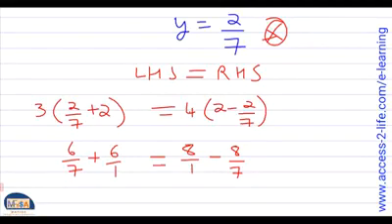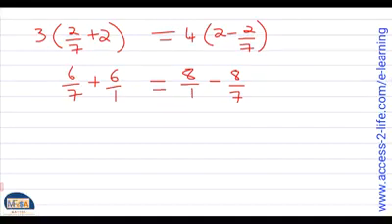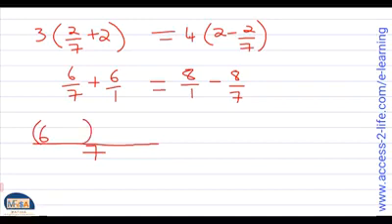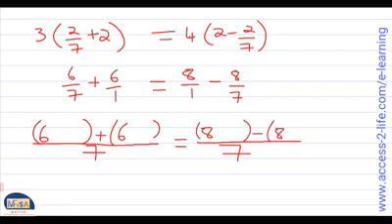So now what we have to do is find the lowest common denominator to be able to add or subtract the fractions. On the left hand side we can have 7 as our lowest common denominator, because both 7 and 1 go into 7. So we've got 6 over 7 plus 6 over 1, equals, on the right hand side, 7 is the lowest common denominator, 8 over 1 minus 8 over 7.